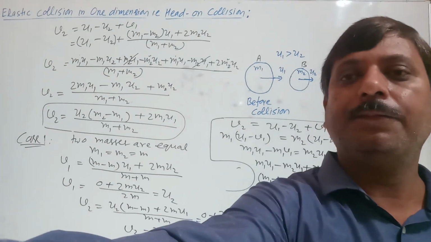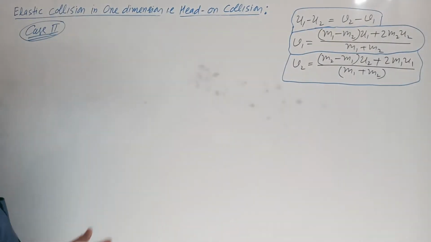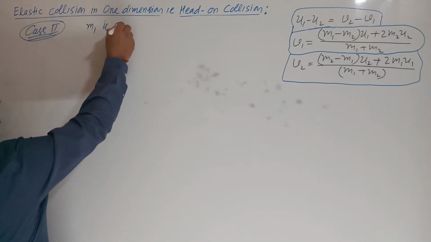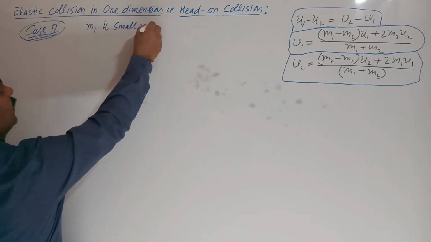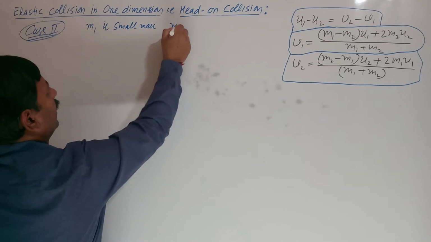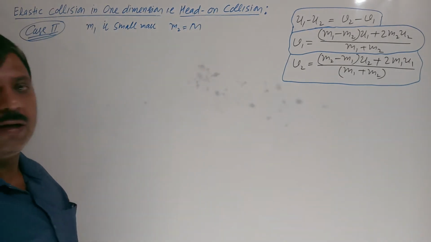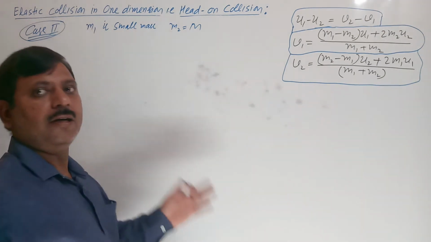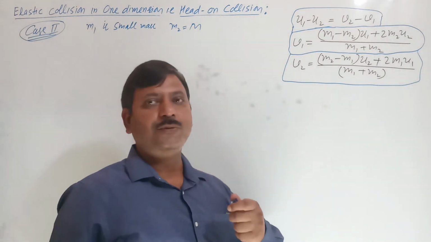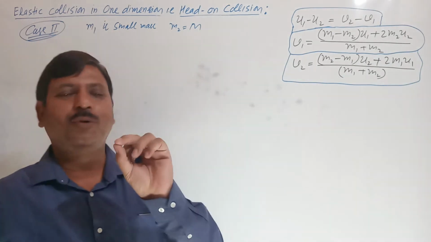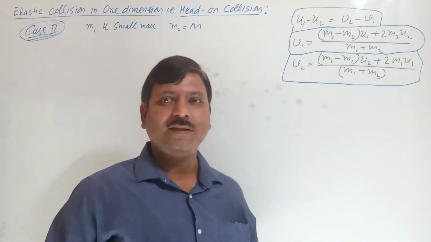Case second: we have taken m1 as a smaller mass and m2 equal to capital M, a very much greater mass. For example, suppose a small ball is colliding with a wall.